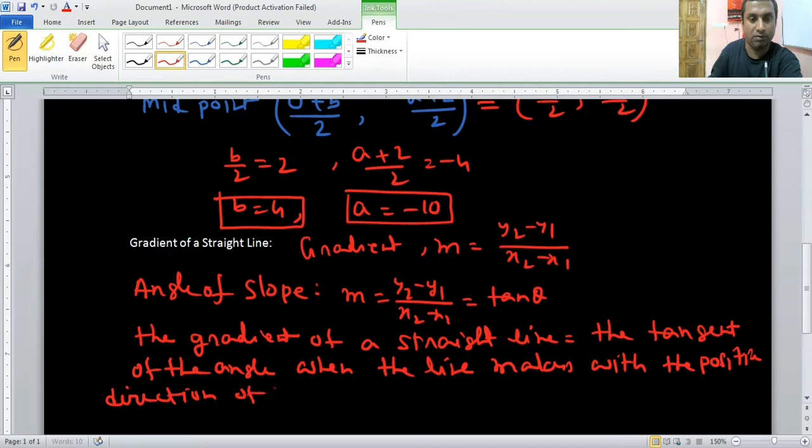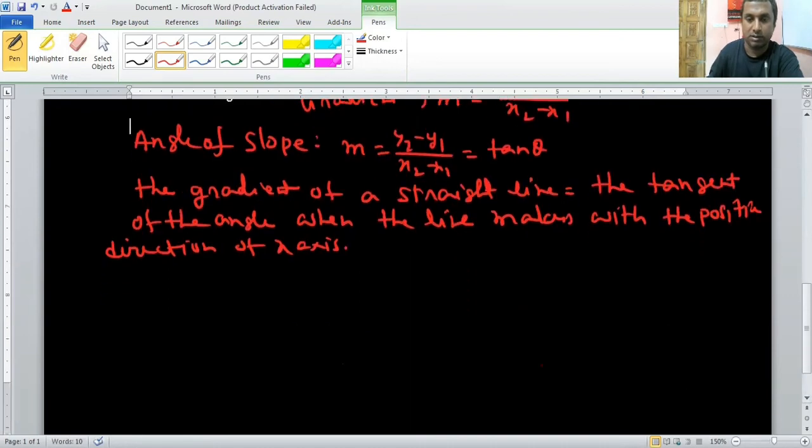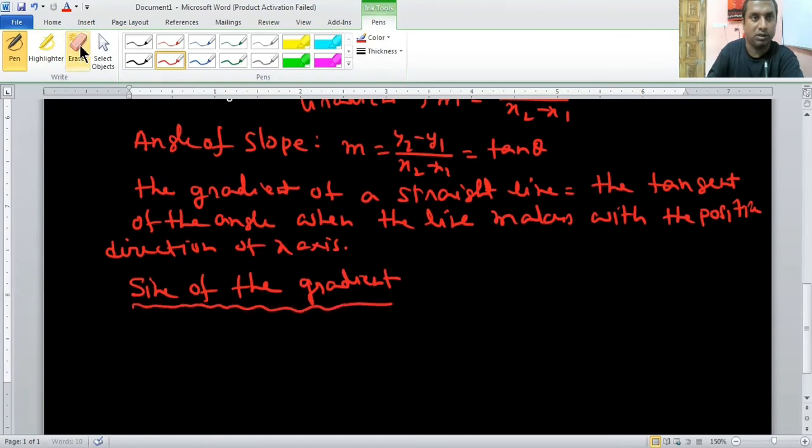Direction of the x-axis. Okay. Now sine of the gradient. Sorry, this is sine.